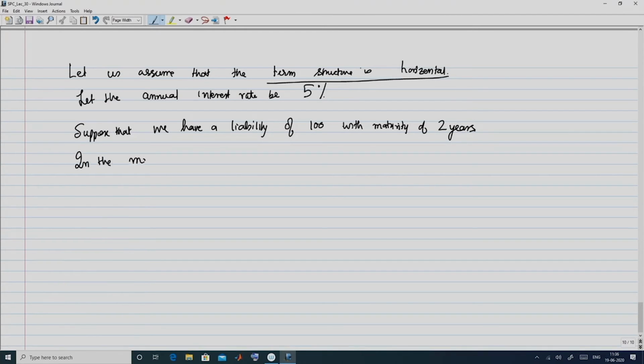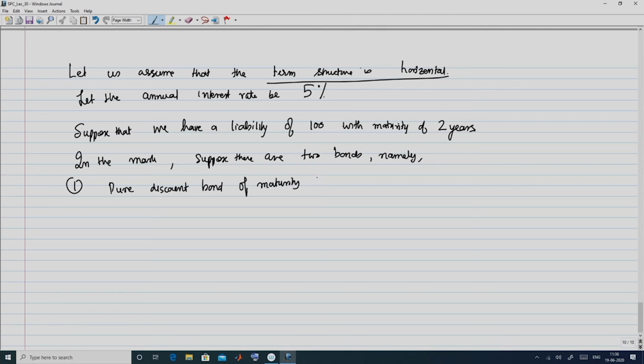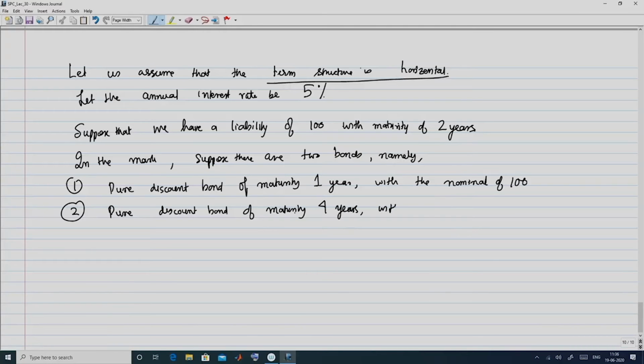Now, in the market, suppose there are two bonds, namely the first one is a pure discount bond of maturity 1 year with the nominal of 100, and secondly there is a pure discount bond of maturity 4 years with the nominal of 100. So, let us observe this graphically.